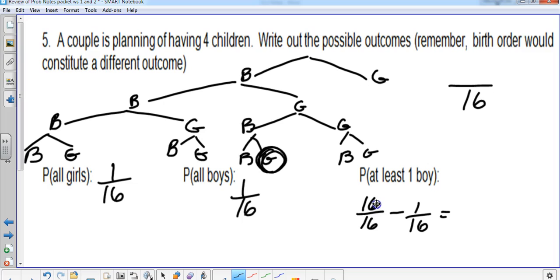Yeah, I don't think I said that right. Okay. The total possibility is 16. The chance that they have at least 1 boy could be 1 boy, 2 boys, 3 boys, or 4 boys, right? So the only one that doesn't count is all girls. Okay. And that was 1/16. So it's 15/16, which is called the complement of having all girls.